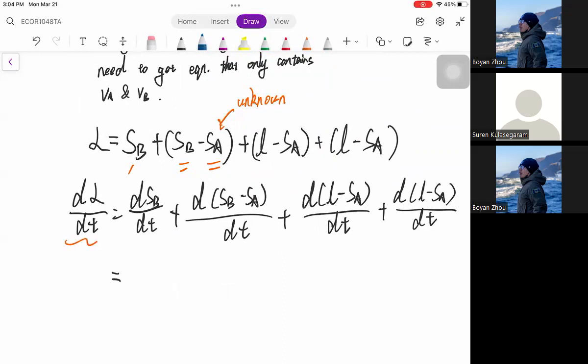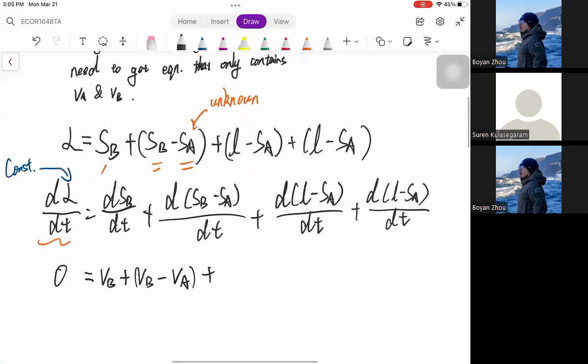Since we know the total length is a constant, the derivative of a constant is 0. So we have 0 here. And the derivative of SB is the velocity of point B, so it's VB, plus, oh, it's a minus VA.